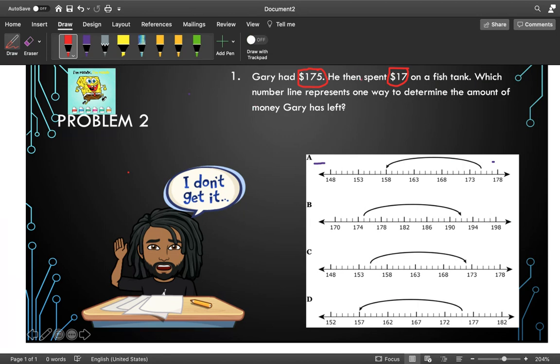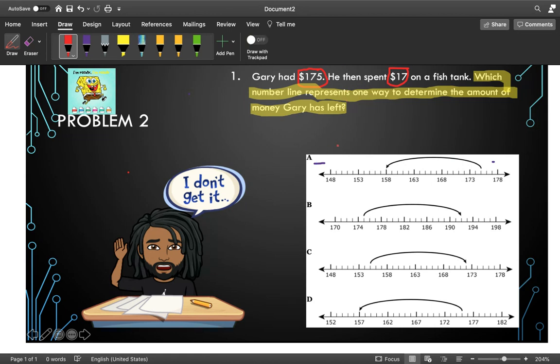So now we're going to look again at our question. It says, which number line represents one way to determine the amount of money Gary has left? So we know we're going to be looking for which of these number lines represents the amount of money that Gary has left.